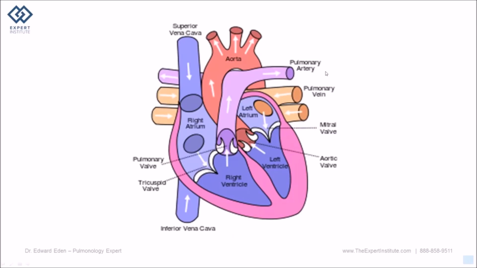Now, anywhere along this route they may lodge, but most of the time, because the blood vessels in the lungs are so small, they generally lodge within the pulmonary artery system. Now, the pulmonary artery delivers blood to be oxygenated to the lungs. So unless there is good blood supply from the pulmonary arteries, the blood will not pick up oxygen from the lungs.